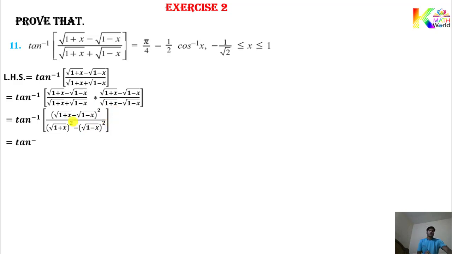So we get root of 1 plus x whole square, which will become 1 plus x, minus 2 times root of 1 plus x into root of 1 minus x, plus root of 1 minus x whole square. Square and root cancel out, so you get 1 minus x. Now we need to simplify this one. So plus x minus x cancel out.